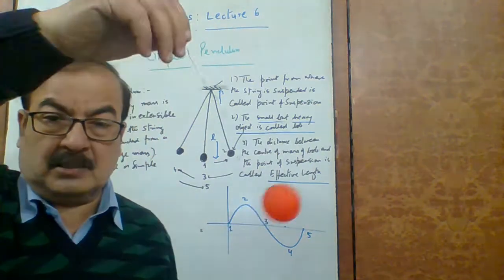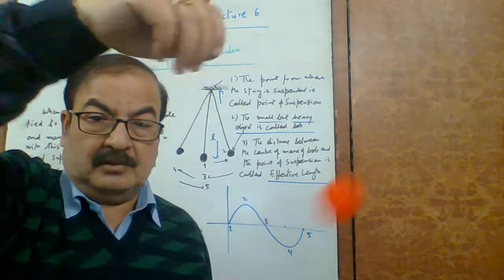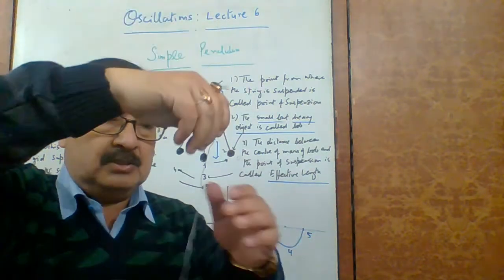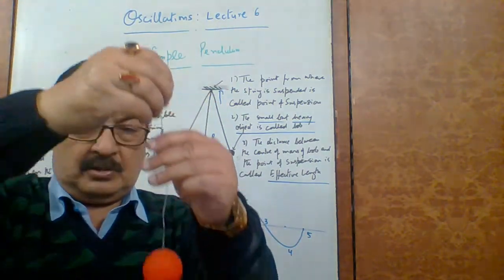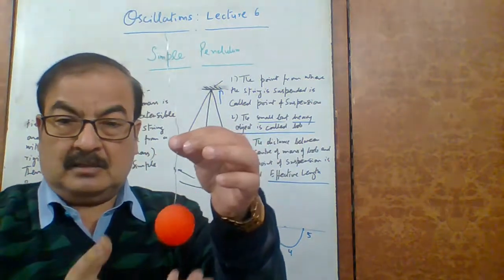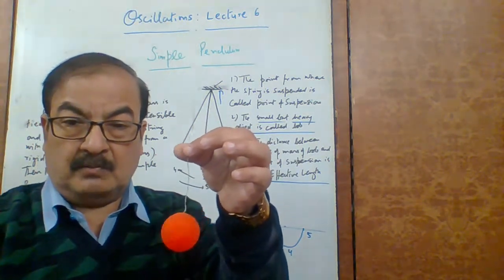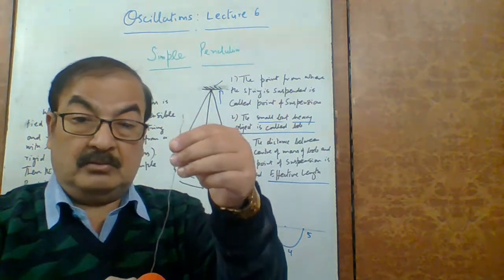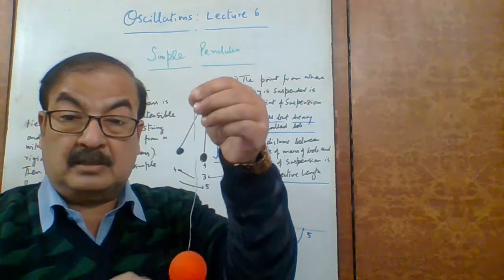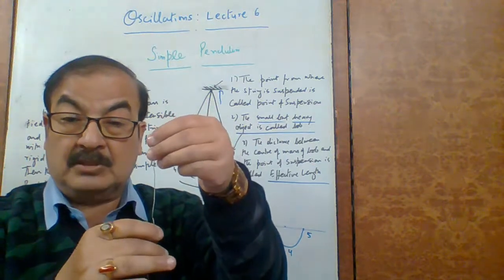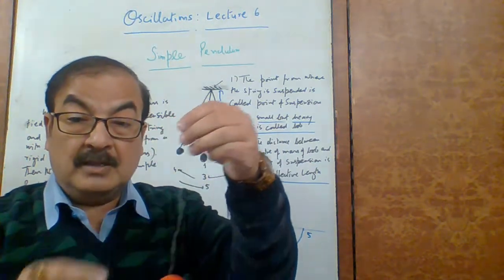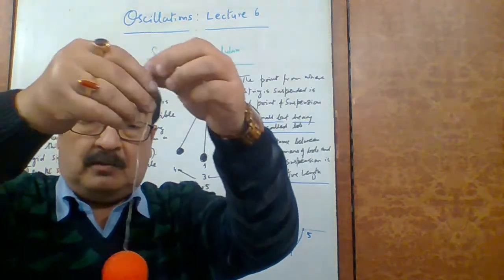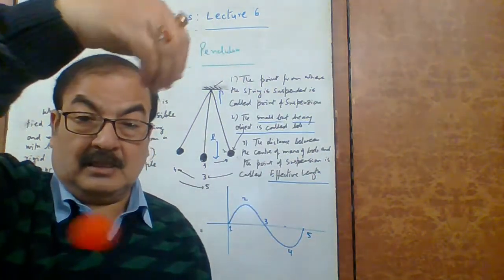If I just suspend this, then this could be our pendulum, or very close to a pendulum, because this is quite heavy, only it is not very small. This is very heavy compared to this string, and this string we may consider inextensible, and also massless. Then when we oscillate this, it can oscillate like this.